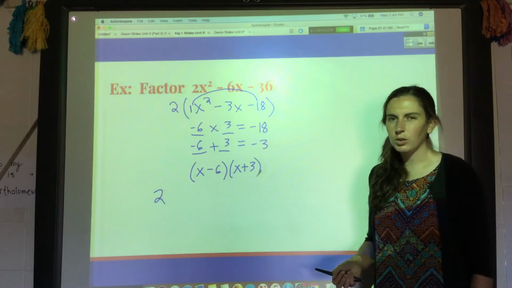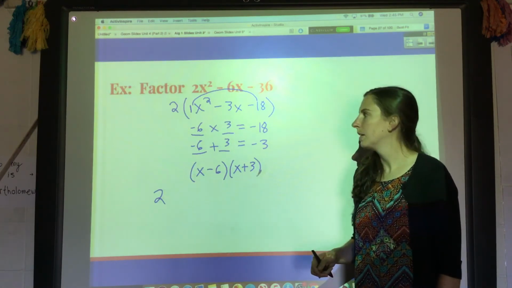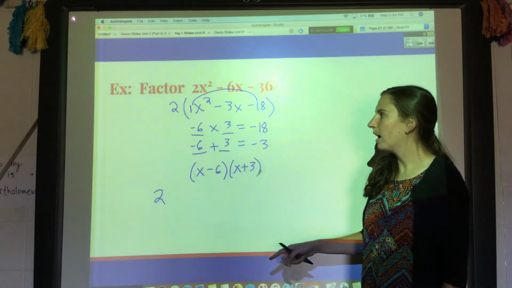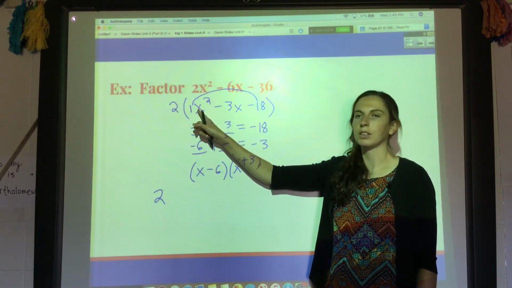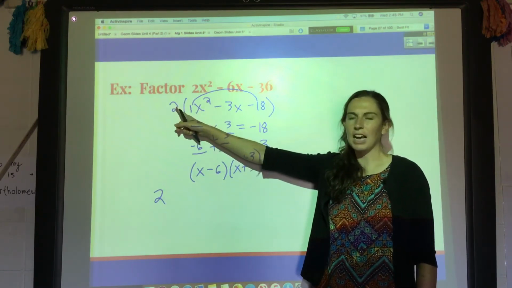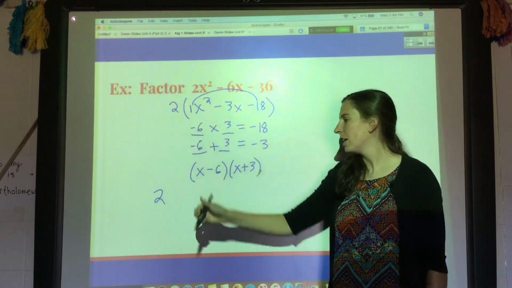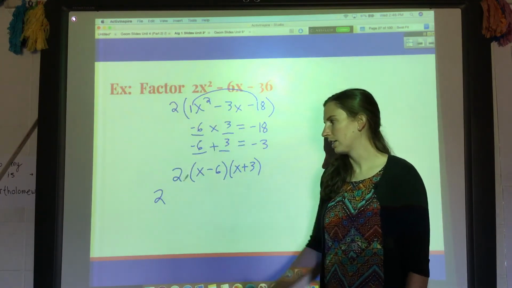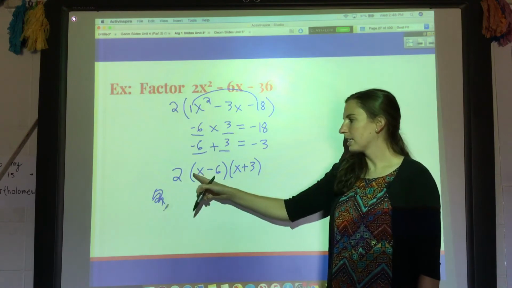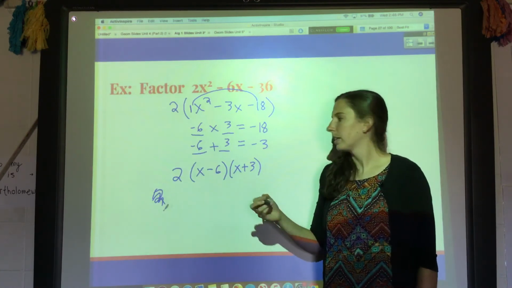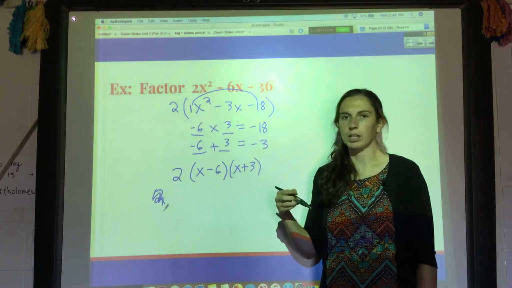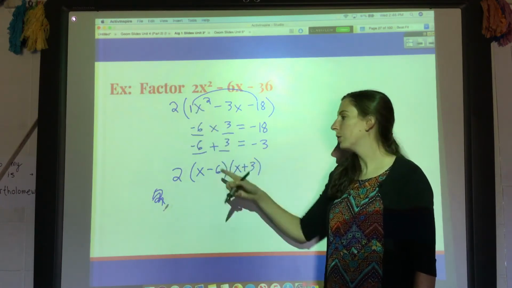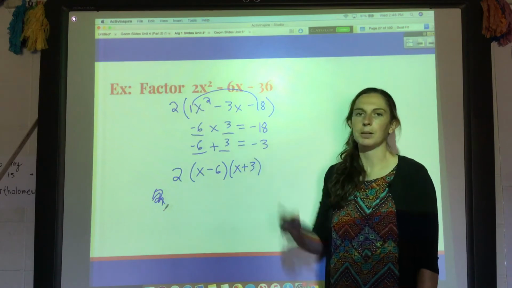And then the question is, do I need to divide or slide? The answer is no, because I just had a 1 in front of the x squared. The 2, the GCF, was already gotten rid of. It goes in the very front, but we don't need to divide or slide with it. We just leave it in the very front. And since there was just a 1 here, we're good. If there was any other number here, we would need to divide or slide with this number.